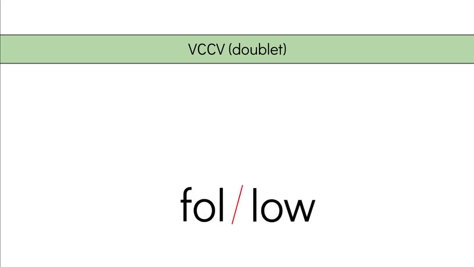If we break it up into our syllables, you can see that the first syllable ends in a consonant, so that is called a closed syllable. Now, when a vowel comes before a doublet or a double consonant, that vowel sound is typically short. So in this case, fall, low, the O is making the short vowel sound.